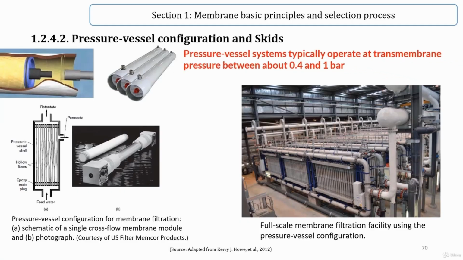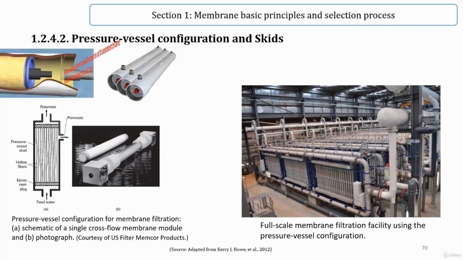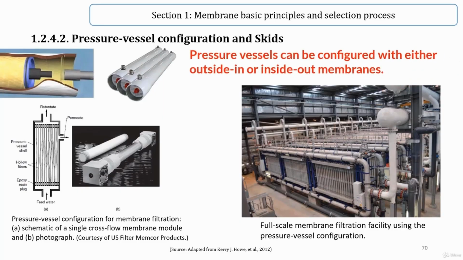Pressure vessel systems typically operate at transmembrane pressure between about 0.4 and 1 bar. As I said, transmembrane pressure is a pressure drop between the feed and permeate side. Pressure vessels also can be configured with either outside-in or inside-out membranes.